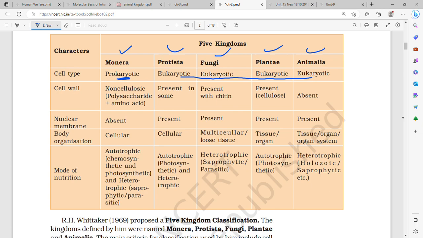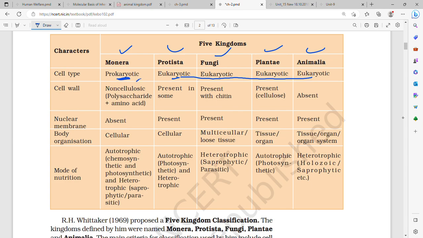They have a nucleus, but not a proper membranous nucleus. They have 70S ribosomes, whereas eukaryotic organisms have 70S plus 80S ribosomes. Cell organelles such as the Golgi apparatus are all absent.